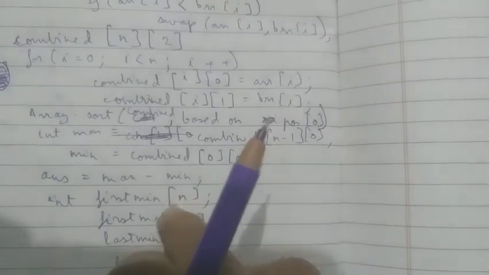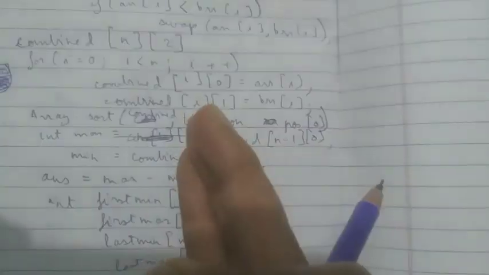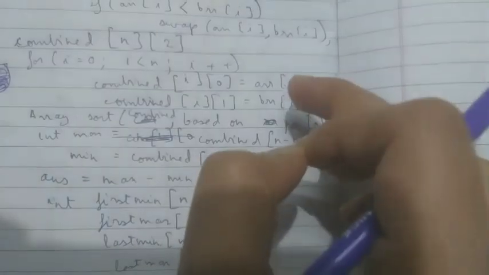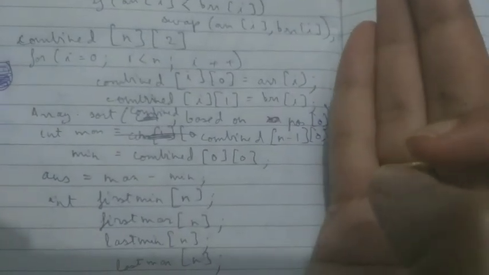For first min, we are going to find the minimum elements of the first array, ARR, from left to right. For first max, the maximum from left to right. For last min, the minimum of BRR from right to left, and for last max, the maximum elements of BRR from right to left.